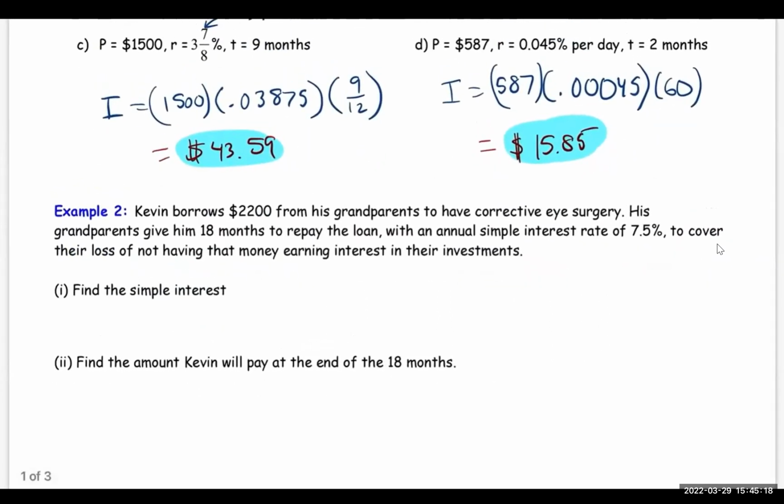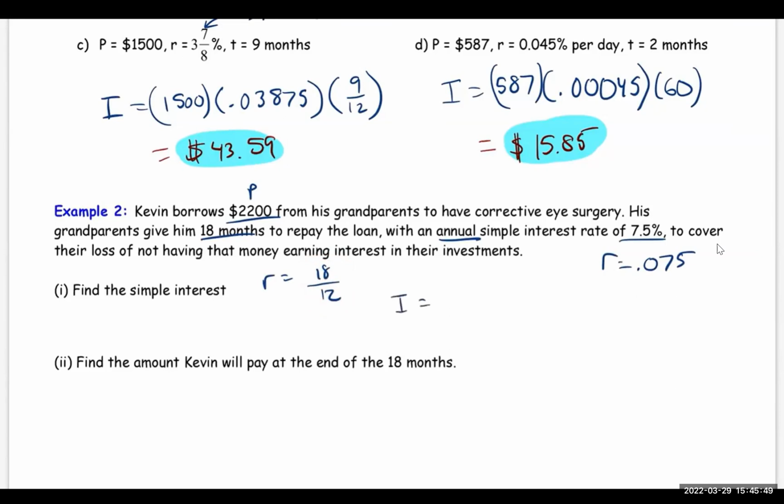All right, the next question says Kevin borrows $2,200 from his grandparents to have corrective eye surgery. So that's the principal amount. 18 months to repay, and an annual interest rate of 0.075. If you convert 18 months to years, you divide by 12 because there's 12 months in a year.